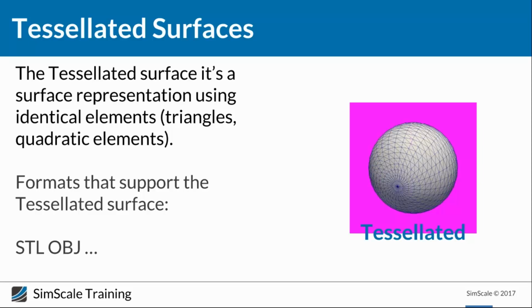We're going to talk a lot about the STL because it's one of the most important formats that we use in CFD. Because you can control the tessellation of the surface, you can make it smooth, and also you can check the quality of the surface later; it's easier to use a tessellated surface than, let's say, a precise surface.